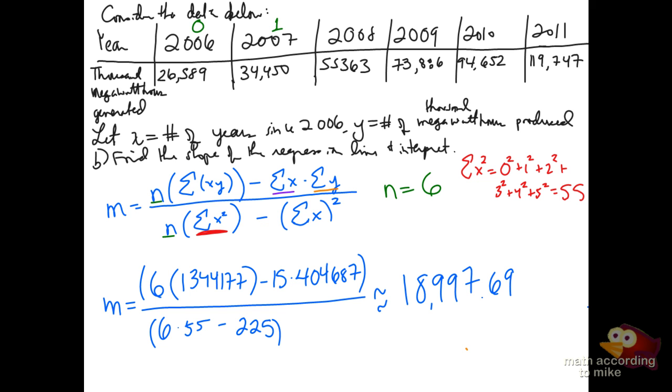Is increasing by 18,997.69 1,000 megawatt hours per year. So it's always y per x. Whatever y means per whatever x means. So it's increasing by 18,997.69 1,000 megawatt hours per year.